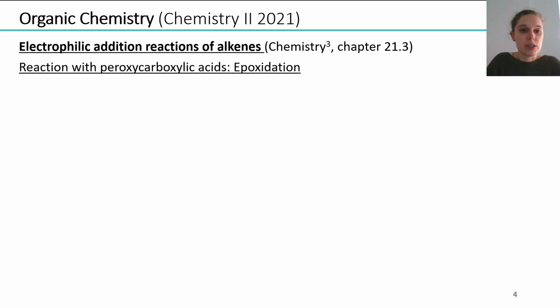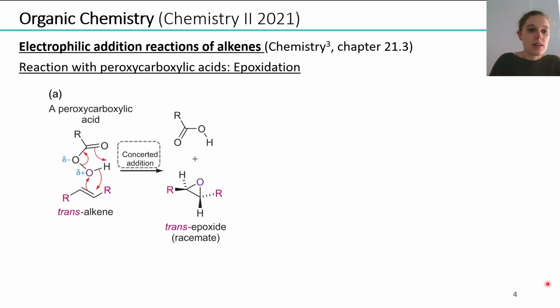If we now want to understand the reaction mechanism, we will start by bringing the peroxycarboxylic acid close to the alkene, and here we start with a trans-alkene. Already from all these arrows, you can see that we talk about a concerted addition reaction. So let's start.